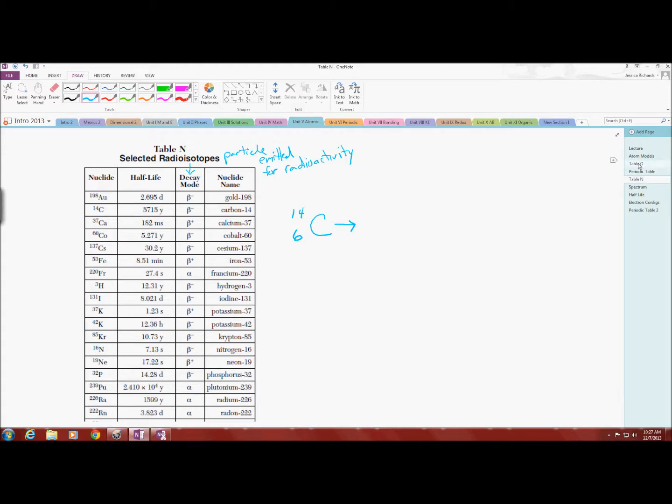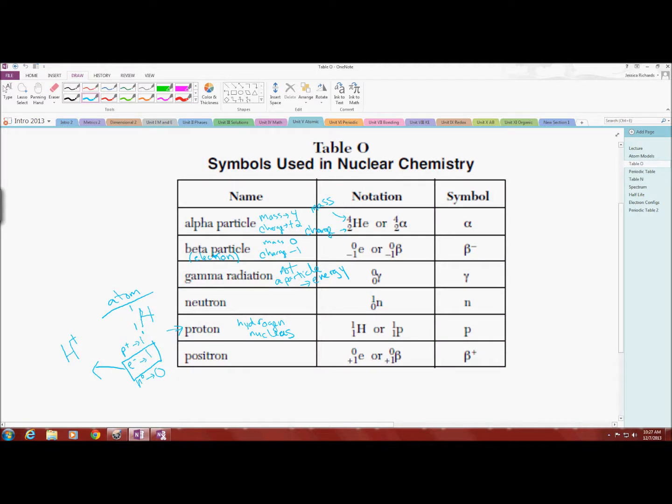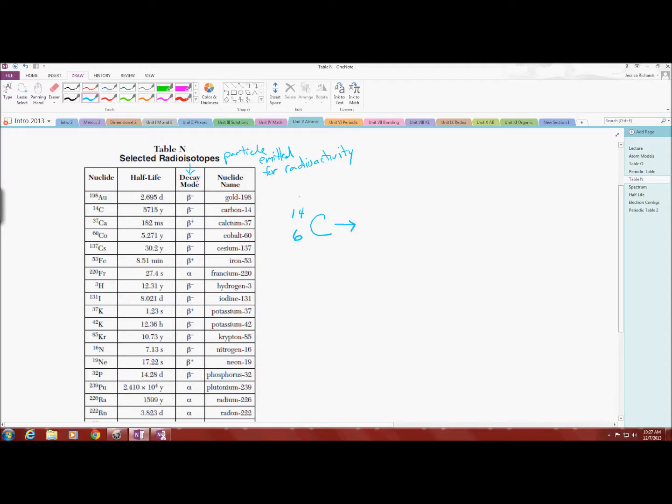So if I go to table O, I'm going to use this notation here with the E for my beta particle, and I'm going to include those numbers, just like I have the numbers on my carbon. So my beta particle that it's spitting out, which the decay mode right here is telling me that's the beta particle.